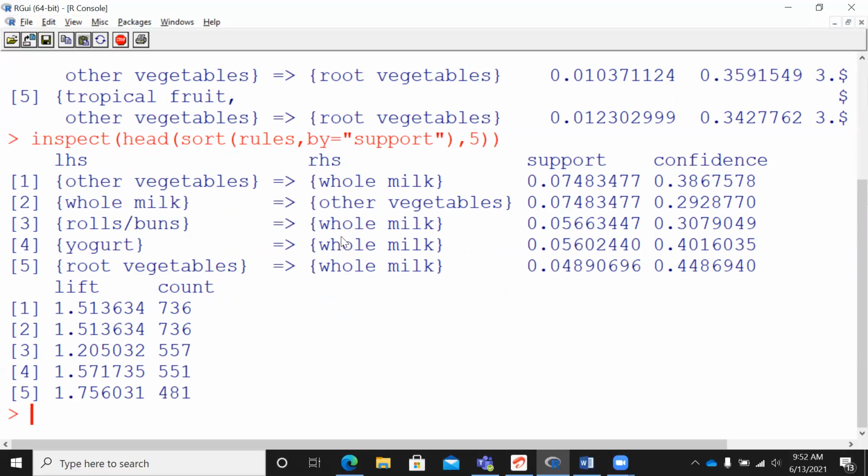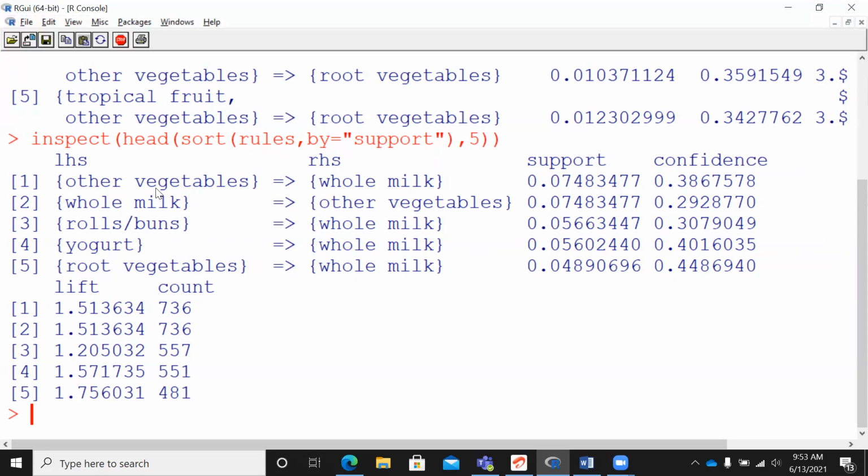So to whom can you cross-sell whole milk? To whom can you pitch whole milk? As you can look at the LHS here, people who have already bought rolls or buns, yogurt, root vegetables, or other vegetables, you can cross-sell whole milk to these guys. So this is one way of showing the result of the apriori by sorting based on support.